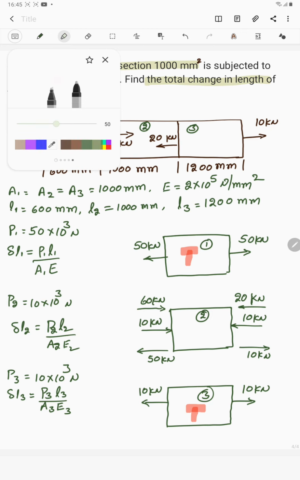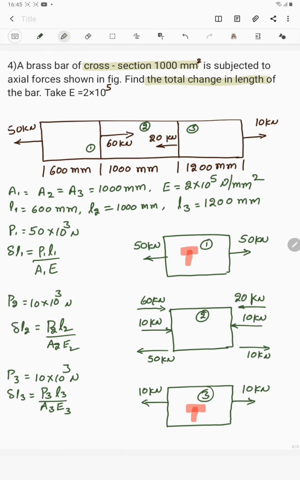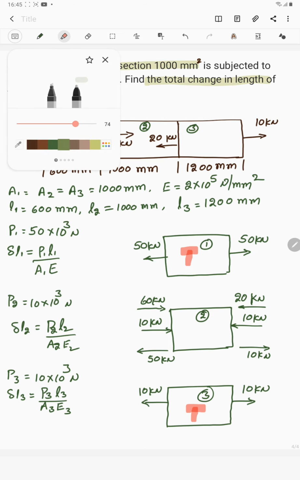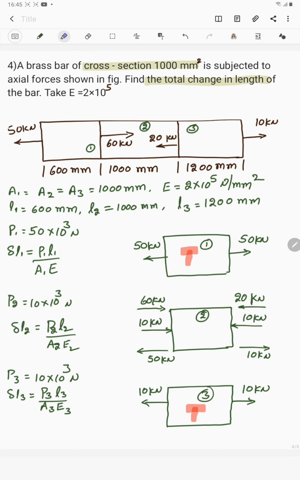I will write it clearly. Here it is compressive load. Compressive load is acting.